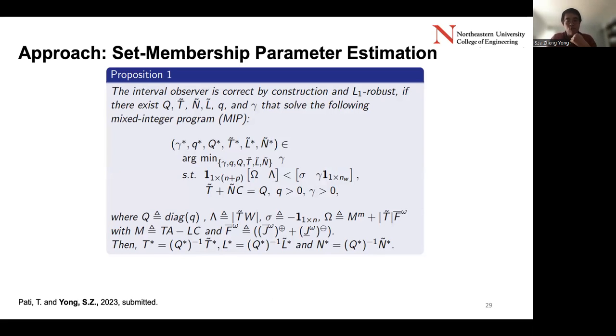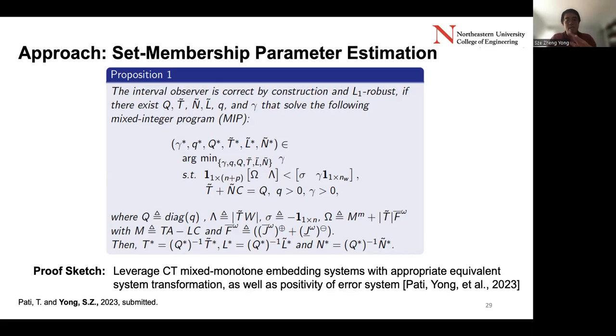I mentioned also that the interval observer can be designed to minimize certain system gains. In this specific case, I gave some of the equations for minimizing the L1 gain, which we can solve using a mixed integer program, which we can solve for both continuous time and discrete time. But in general, we are mainly using the continuous time version of it. The proof sketch is what we did before.